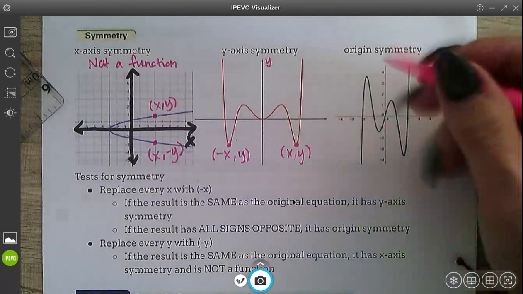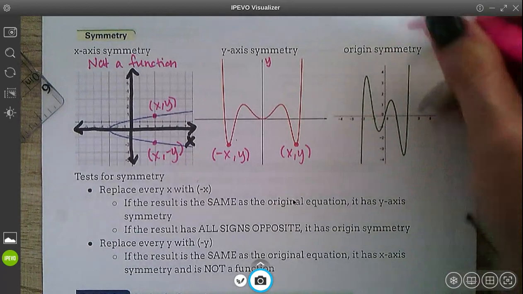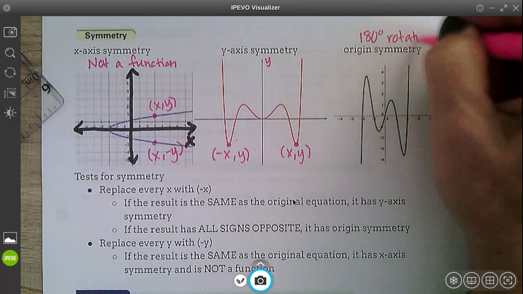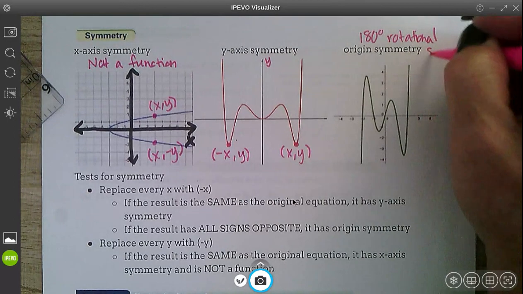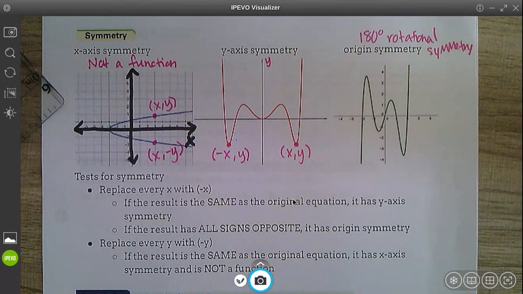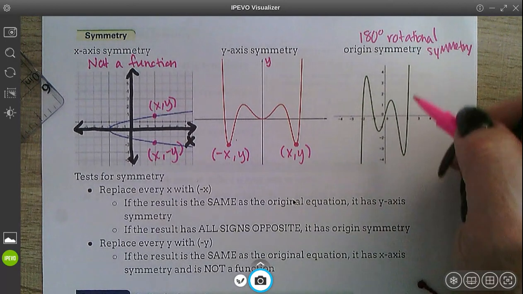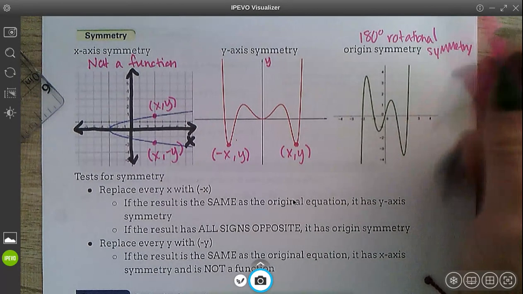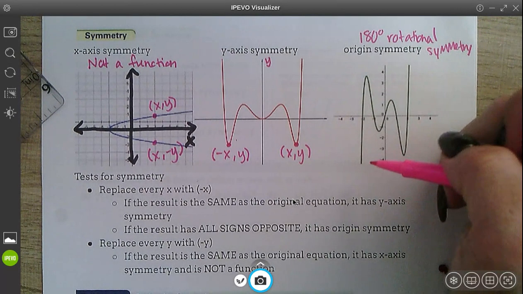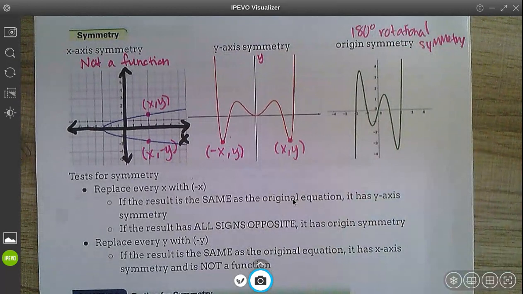All right, origin symmetry. Origin symmetry is also called 180-degree rotational symmetry. And with 180-degree rotational symmetry, what happens is that you can reflect across the x-axis and then the y-axis, and you get the same graph.